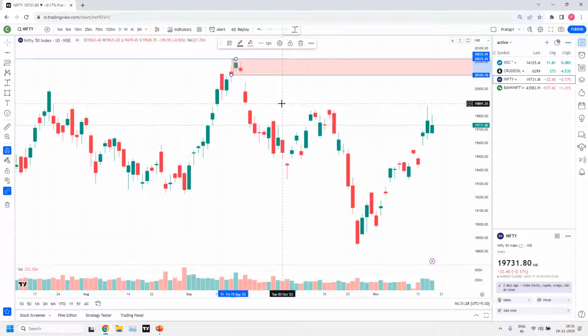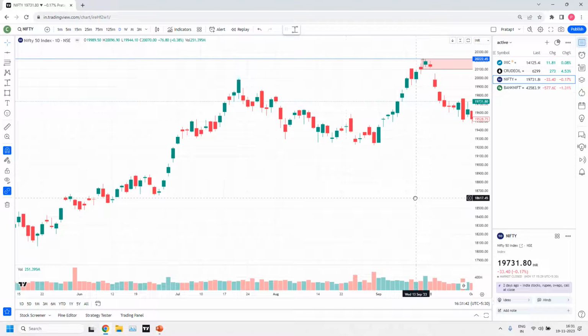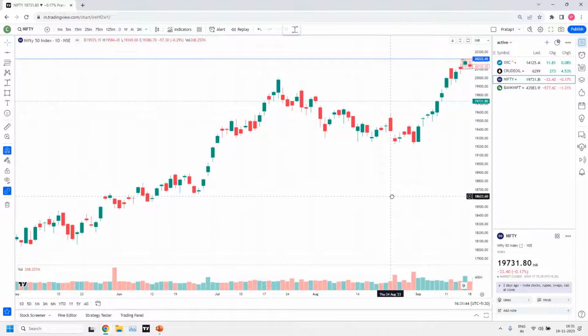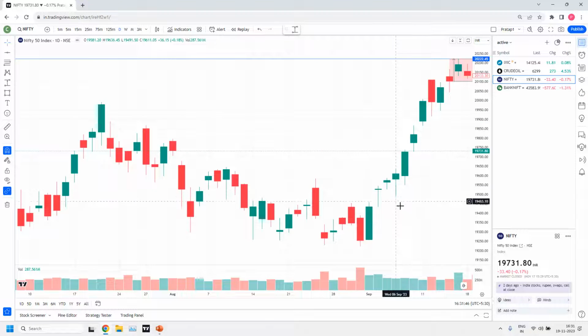While pushing, what we might have observed is that there is a demand zone. When prices are falling down from here, let me hide the previous data and look at this swing. Let us draw the zones.